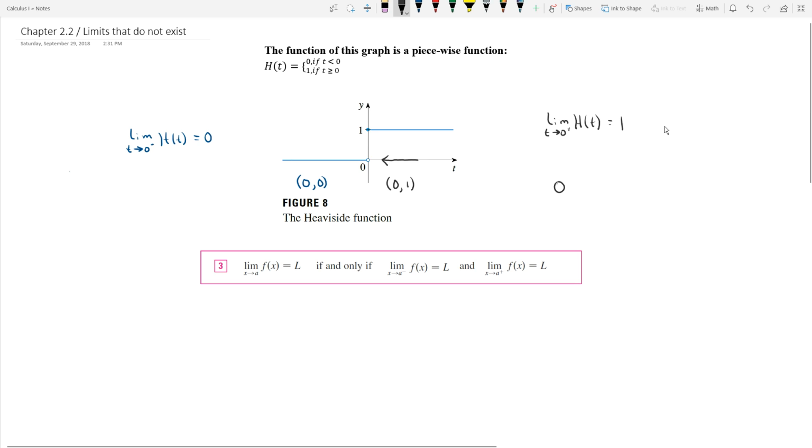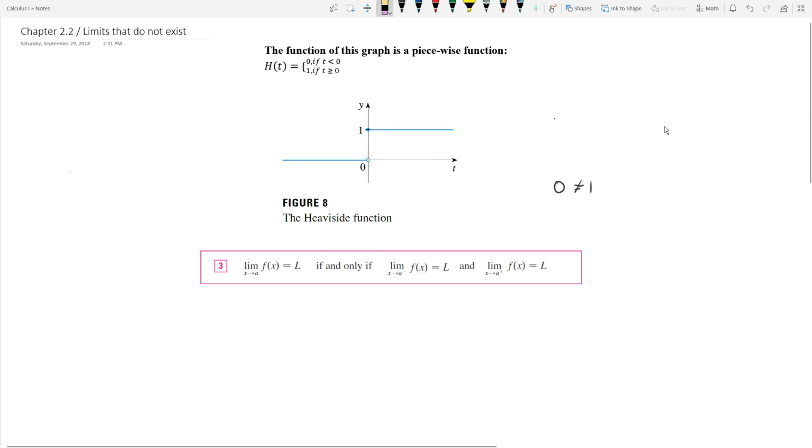Because 0 is not equal to 1, we would say the limit does not exist. For a limit to exist, you must be approaching the same value from both the left and the right side.